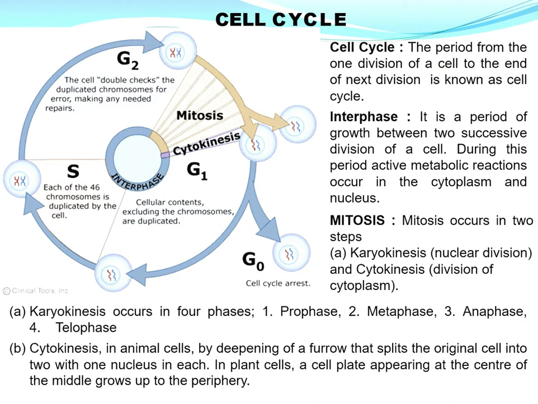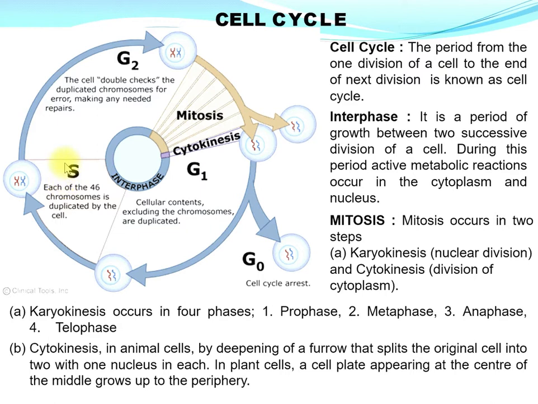So in the S stage, what happens? The chromosomal matter increases by the duplication of the DNA. So DNA replication occurs in S phase. More RNA is synthesized, and more of the molecules required for DNA synthesis, like proteins and nucleotides, are synthesized.